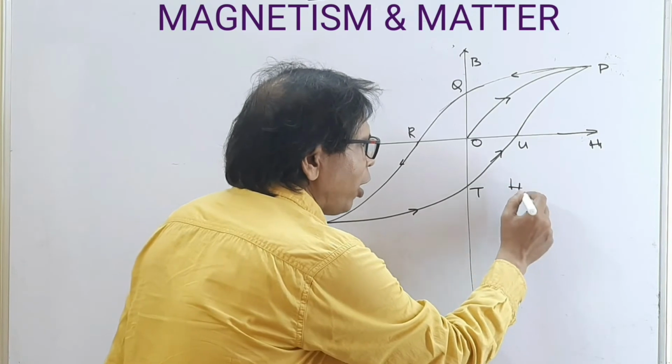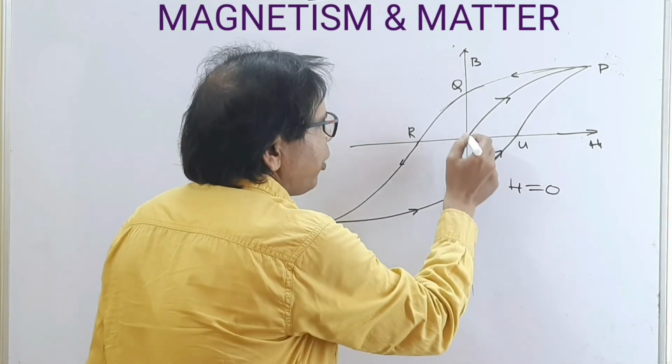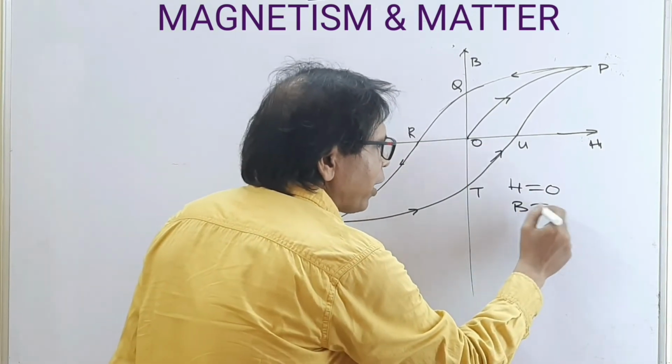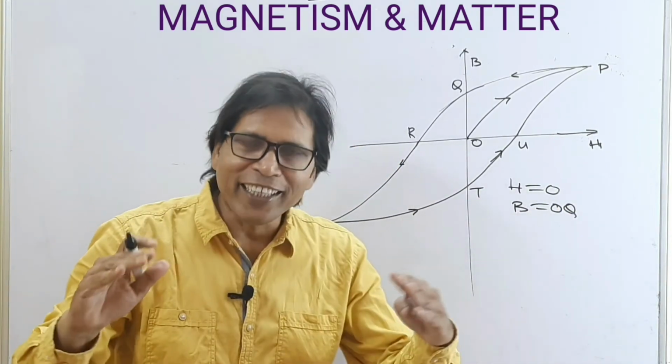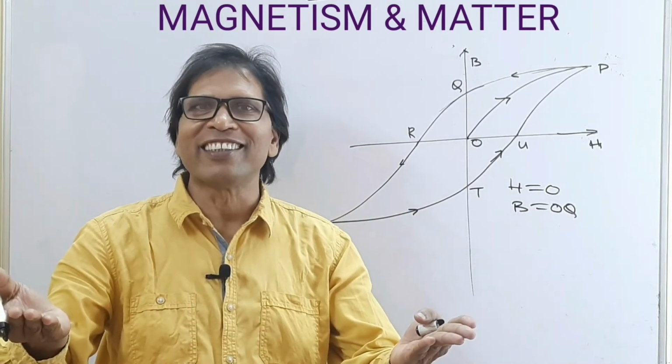When H equal to 0, look at this, B equal to OQ represents the retentivity of the substance.